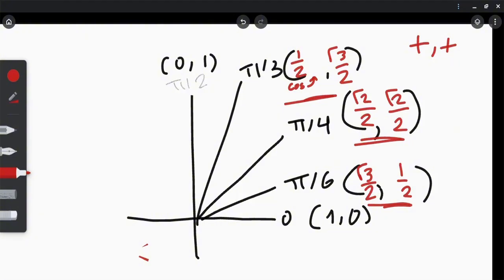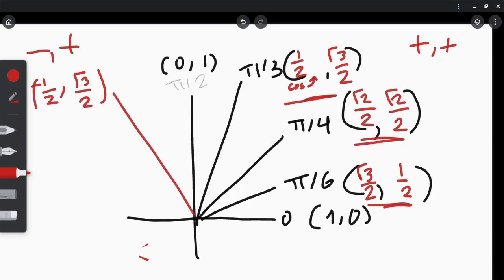So, how do we get to the other coordinates? Well, here is negative and positive. So the 1 over 2 is going to be a negative 1 over 2. And the square root of 3 will be just a square root of 3 over 2. Okay? Just remember that. Now, for the pi over 4, this is a negative square root of 2 over 2, comma, square root of 2 over 2. Why?